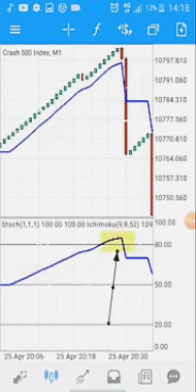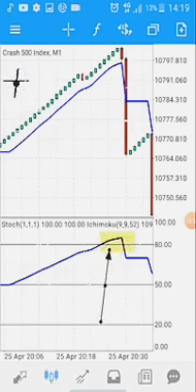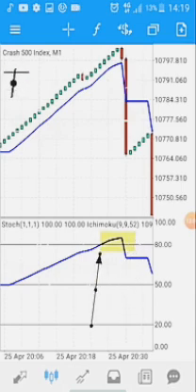The chance is that it is going to start selling, because many buyers are going to be exiting, knowing that we've reached an overbought zone, and sellers are going to enter the market. So what happens when the market reaches an overbought zone? Mostly, sellers are going to enter and the market is going to start selling.